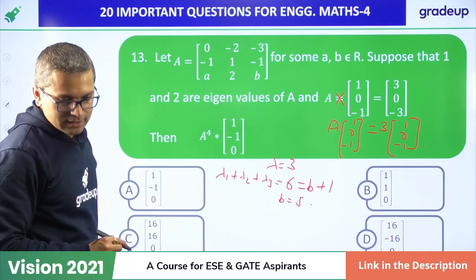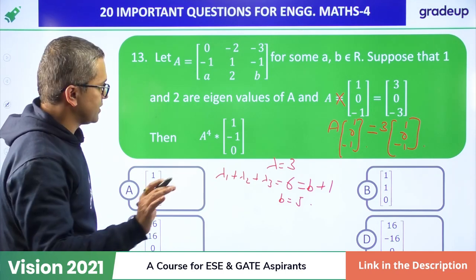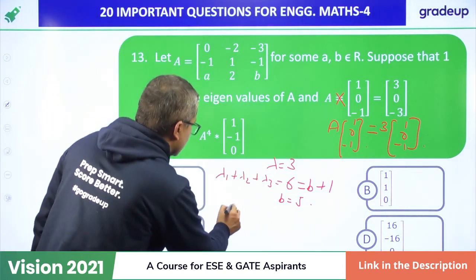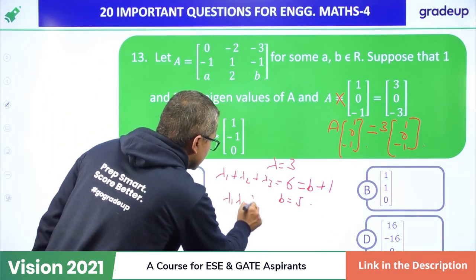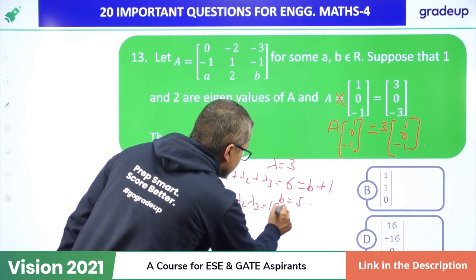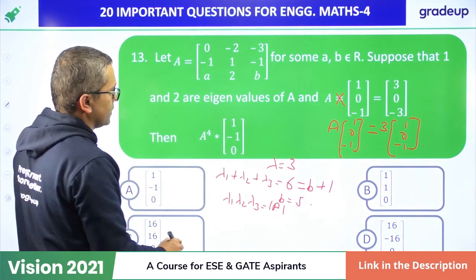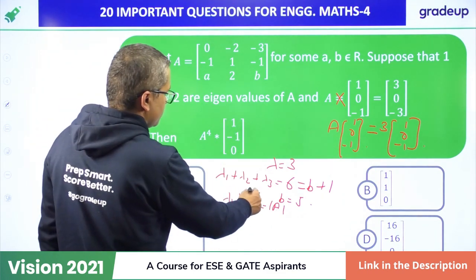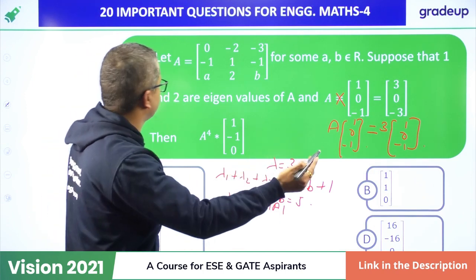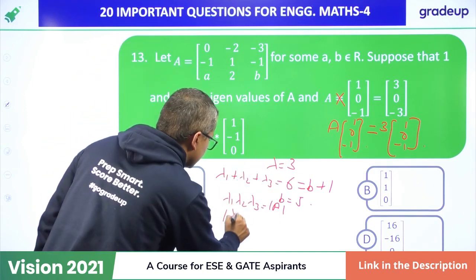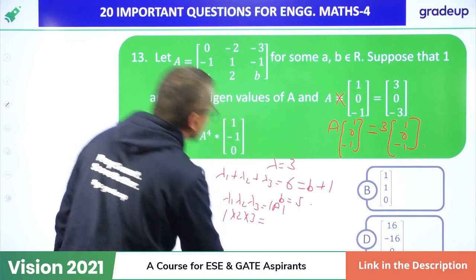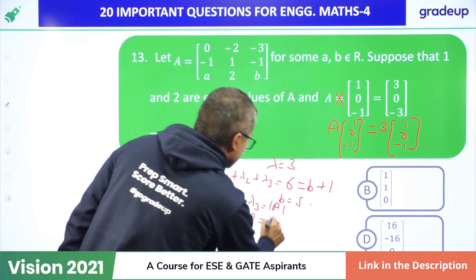All right. Now lambda 1 into lambda 2 into lambda 3 is nothing but modulus of A. If you do the product of the 3 eigenvalues, that is 1 into 2 into 3, which equals 6. Now please expand this.